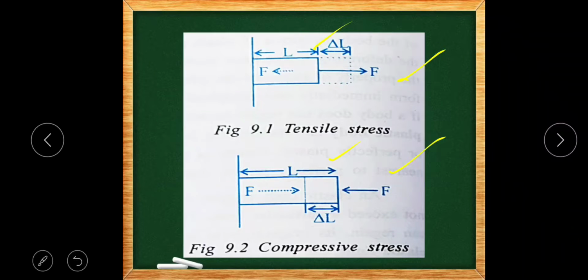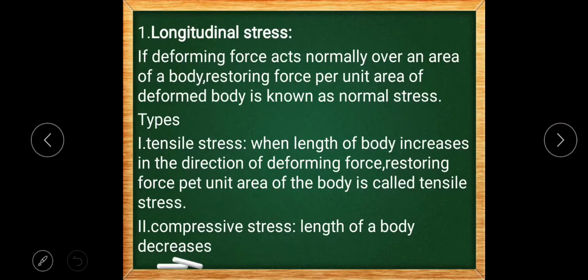Now consider its types. Tensile stress. When the length of a body increases in the direction of the deforming force, then the restoring force per unit area of the body is called tensile stress.